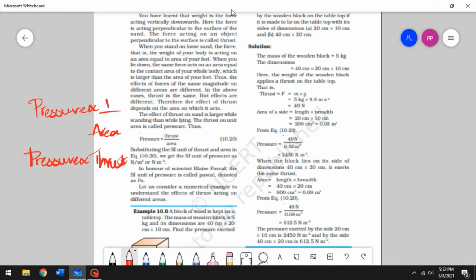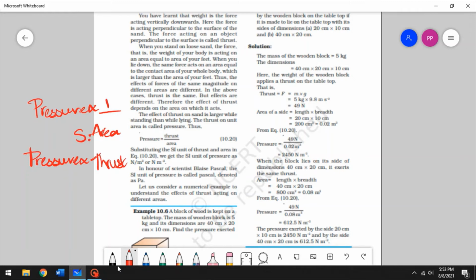So the pressure is directly proportional to the amount of force that you applied towards a particular direction. Alright, so pressure is inversely proportional to area or surface area, I can say, and it's directly proportional to the thrust.